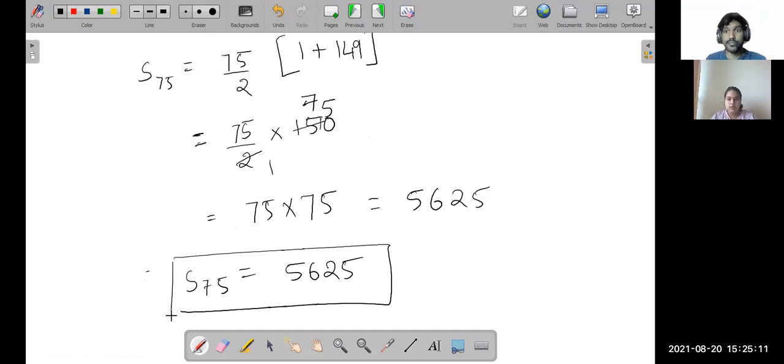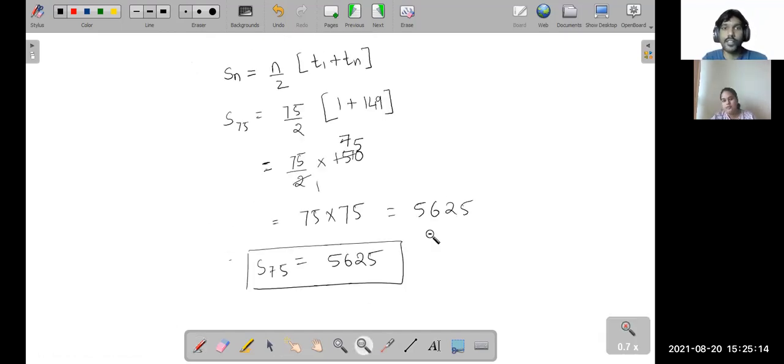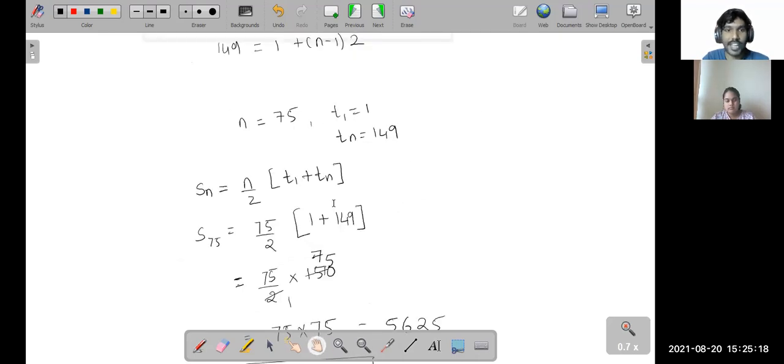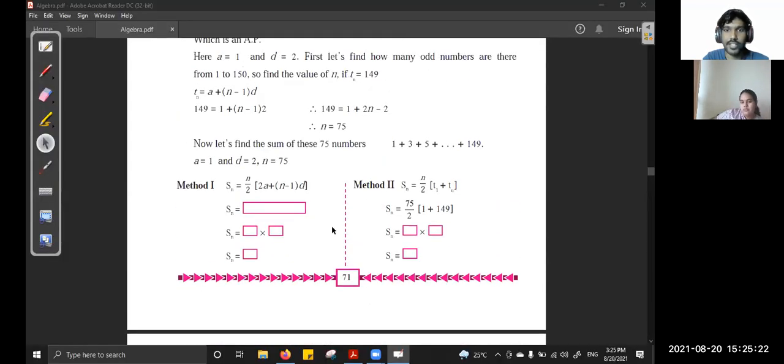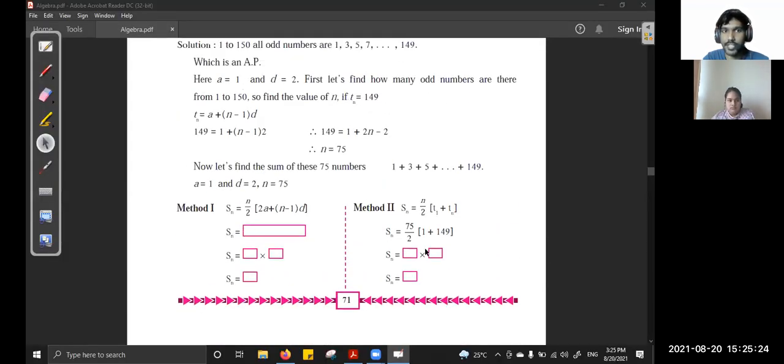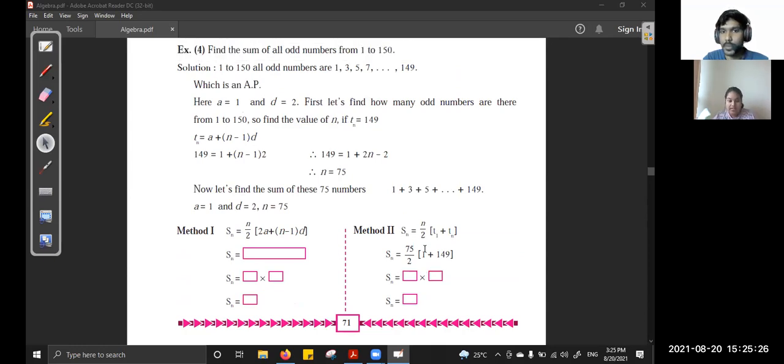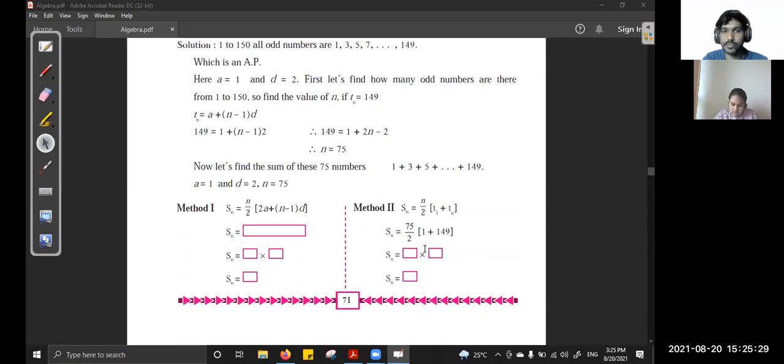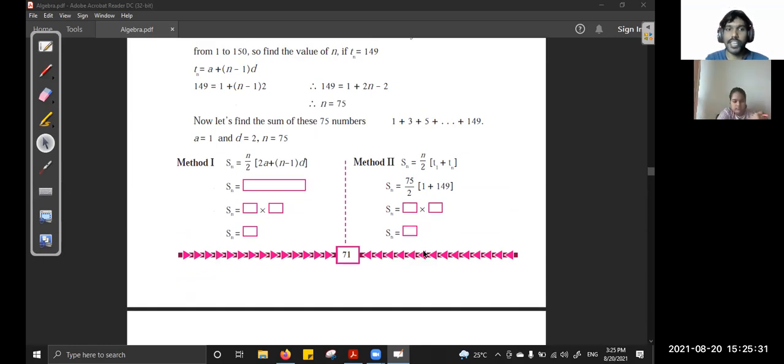Is this clear? Now we'll go to the practice set. This same sum is there as an activity in your textbook, on page number 71. They have shown it using both formulas, method 1 and method 2. We did it with this method here.